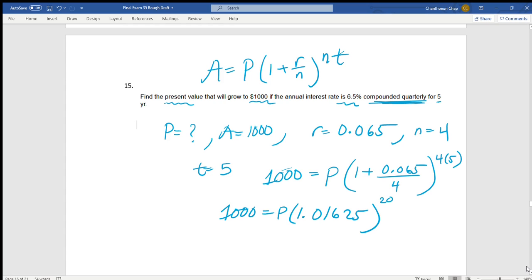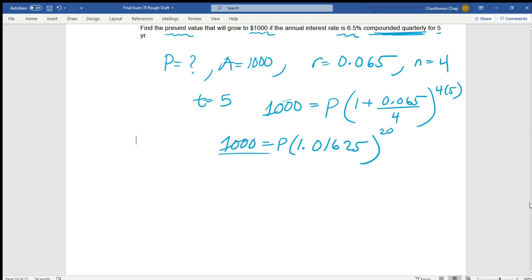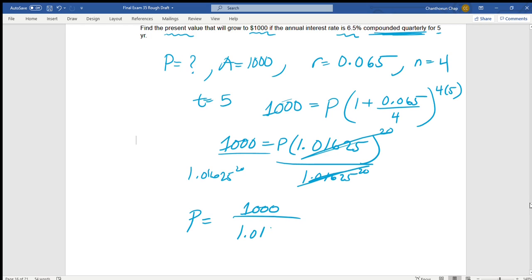Now to solve for P, I can divide both sides by 1.01625 raised to the 20. This reduces, so we're just getting P. So we have 1,000 divided by 1.01625 raised to the 20, and we'll just type that in our calculator.